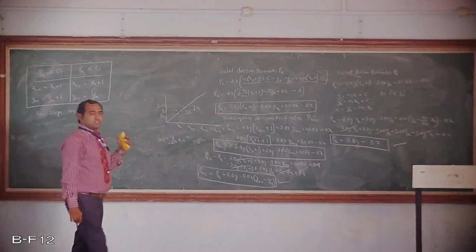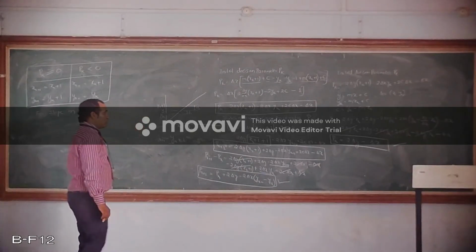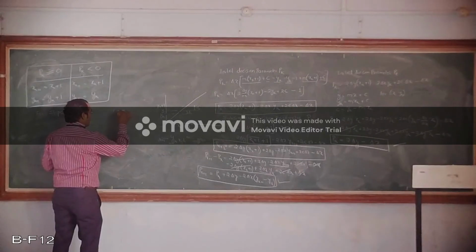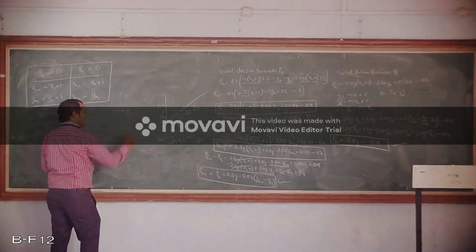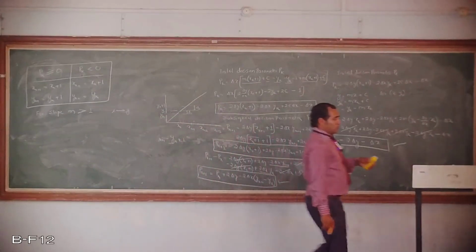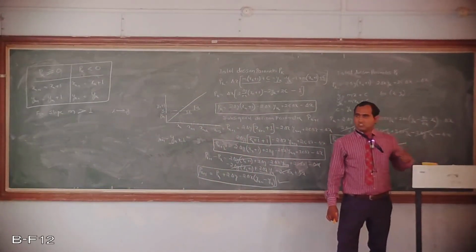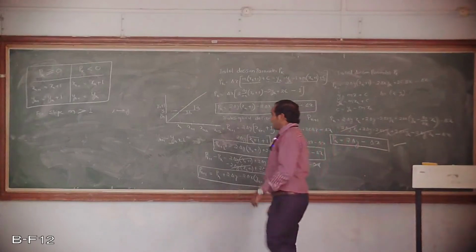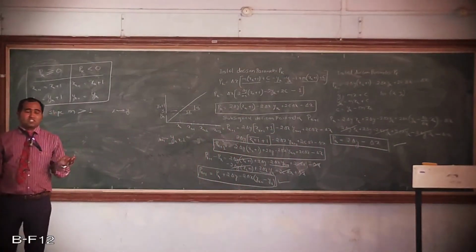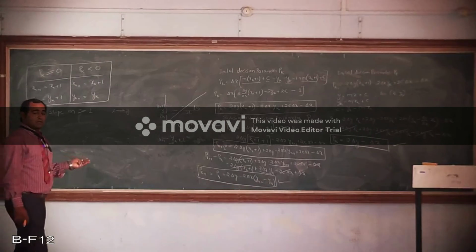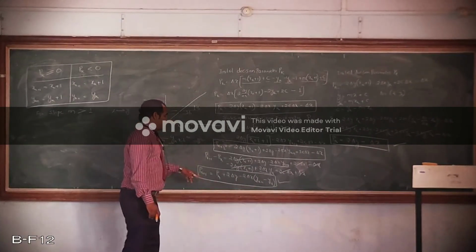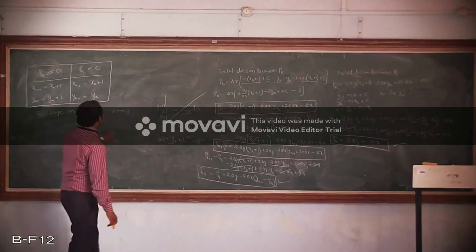For slope m greater than 1, just what we have to do here is, you should remember this for easy solving of the problems. Okay, so I need to have 3 equations here. One is the initial decision parameter pk, and the next one is the subsequent decision parameter pk plus 1, and these conditions.